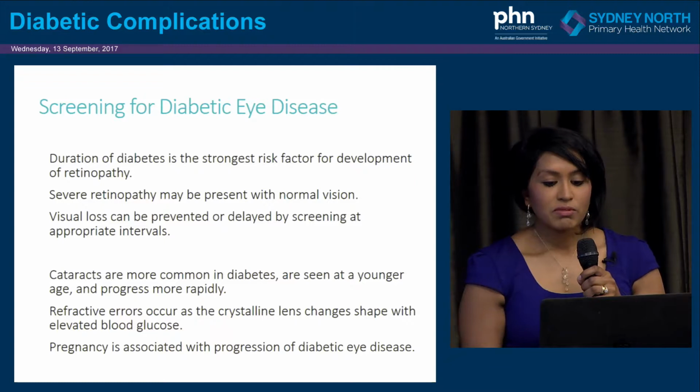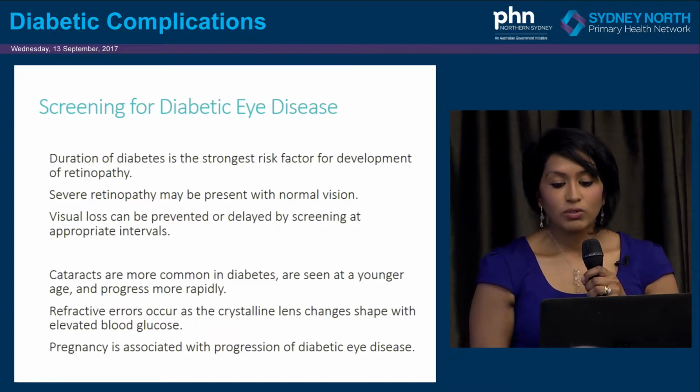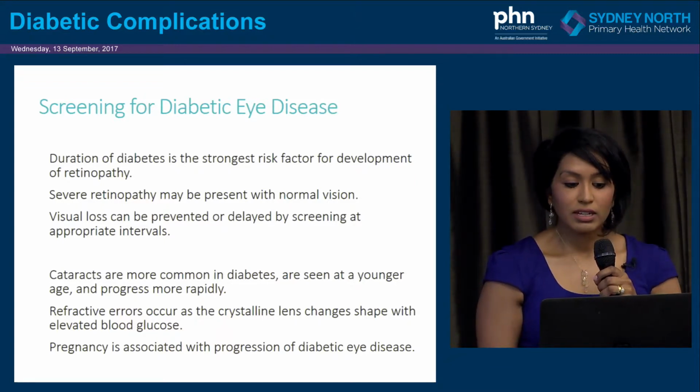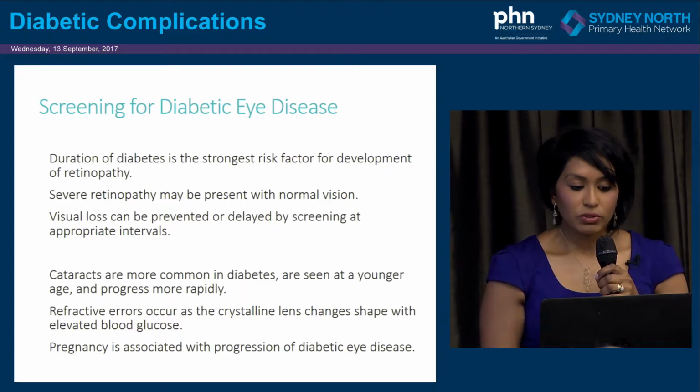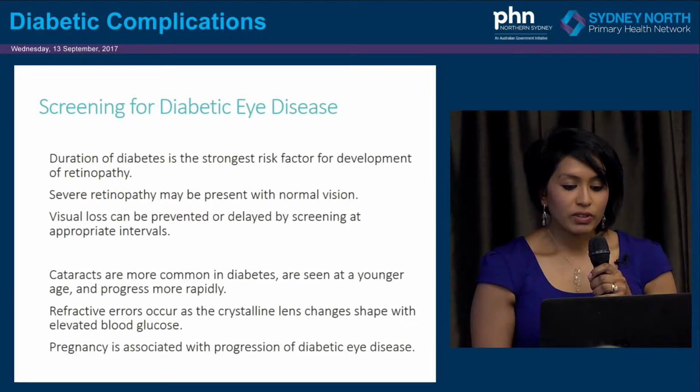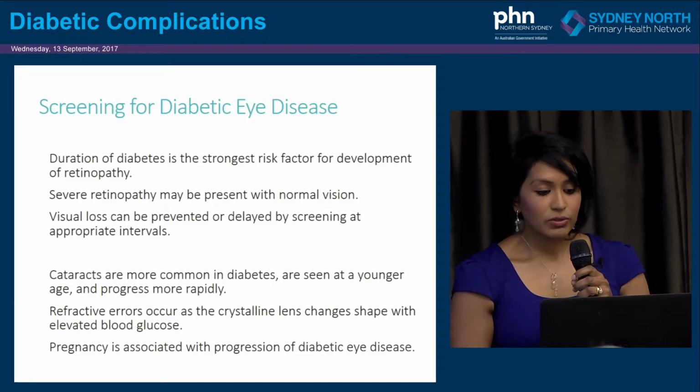Severe retinopathy, as we've seen in that case, can actually present with normal vision, as was the case in her left eye, which was not affected by hemorrhage, but it did have severe non-proliferative diabetic retinopathy. And regular screening can prevent visual loss.